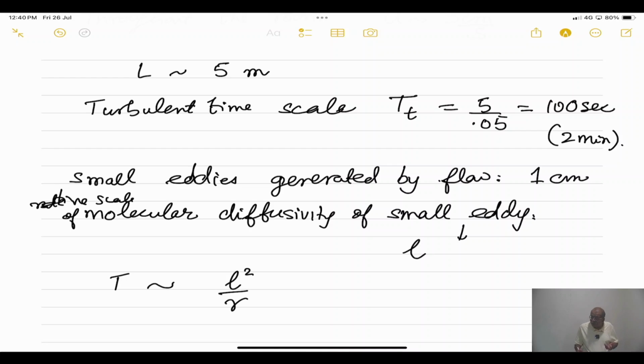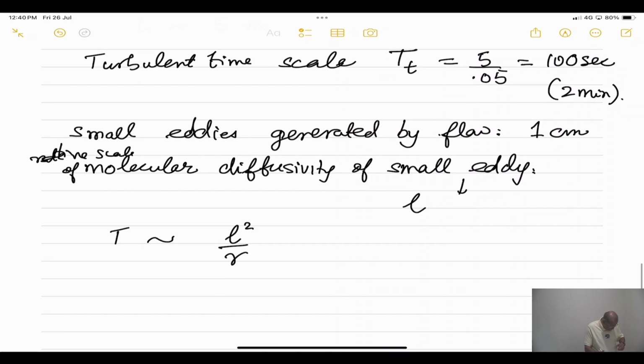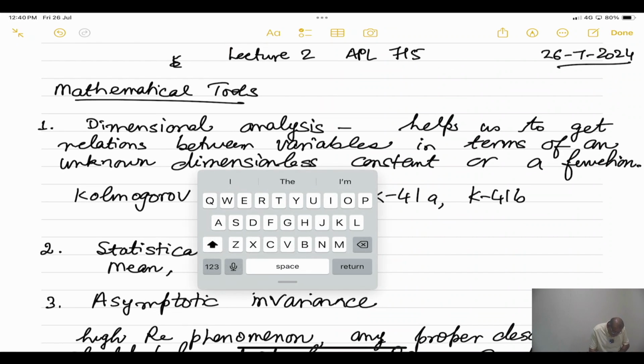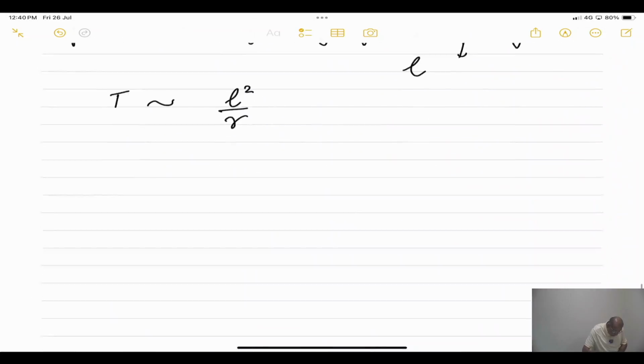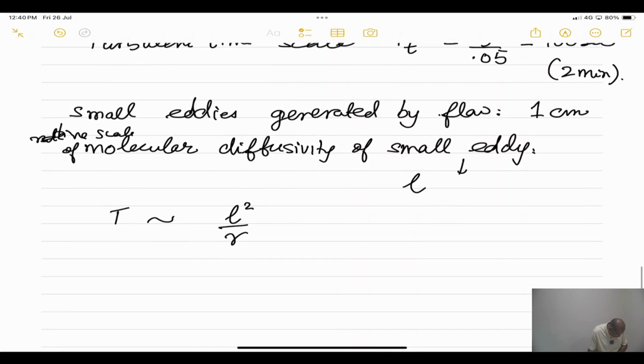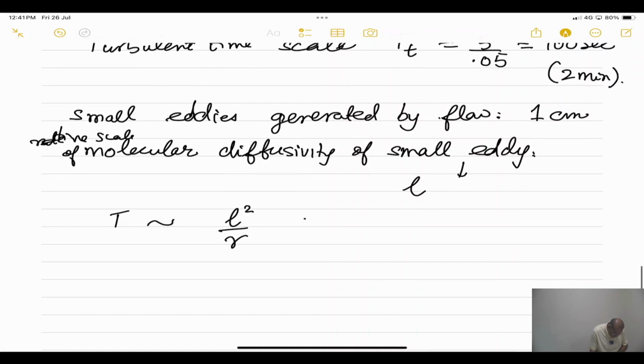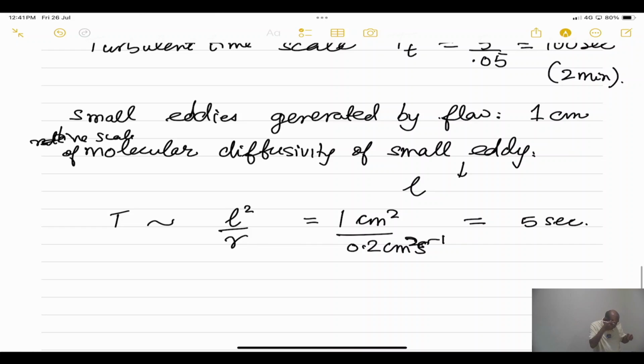the time scale will be small L square by gamma, and if this is 1 centimeter square, that means this will be equal to 1 centimeter square divided by 0.2 centimeter square per second, that was gamma, and this turns out to be equal to 5 seconds.